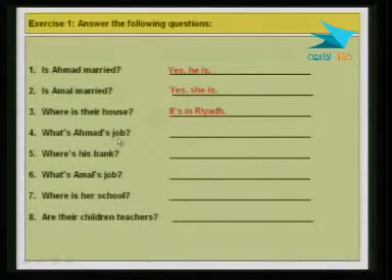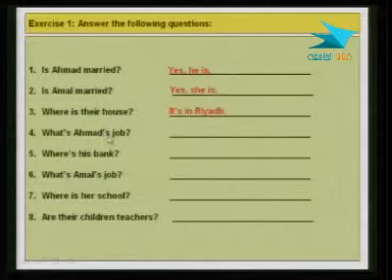Number 4. What's Ahmed's job? Now, let me discuss the difference between S here and S here. I think you should be able to tell. Now, in that session that we had about contractions, this one here is the verb be is. So what is? But we do not say what is here in this question. We say what's. What's Ahmed's job? This one is not a verb be. This one is for the apostrophe, for possession.